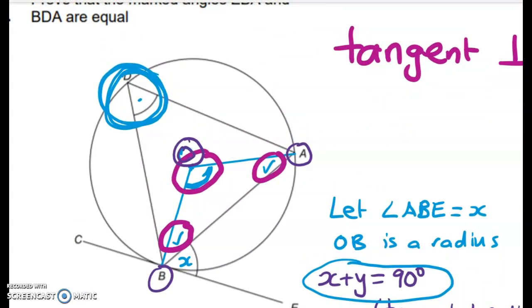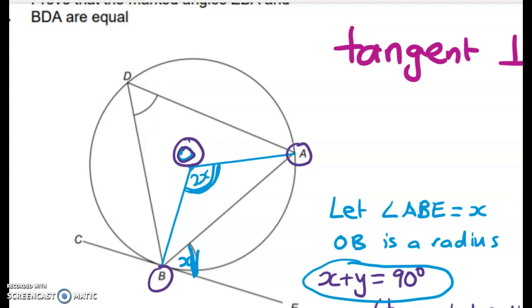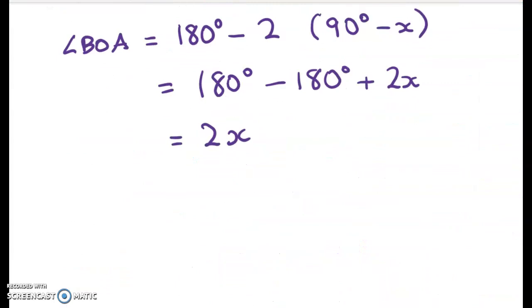What we've shown, I'll just clean up some of this a little bit. What we've shown now is that this angle is x, this angle has got to be 2x. But if this angle is 2x, then the one we're interested in must be half of that because of the angle at the center.